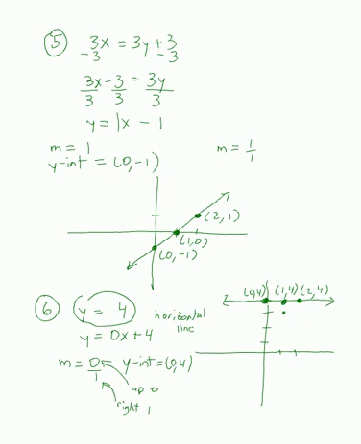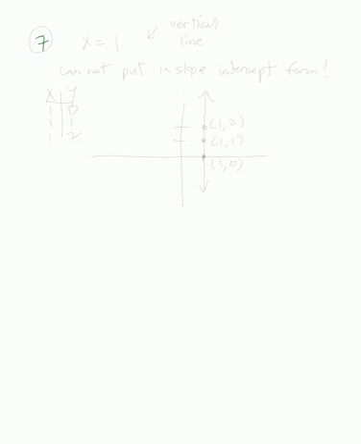Last case, actually, I do want to talk about really quickly what happens if you have the y's missing. So let's say x equals 1. This one you cannot put in slope-intercept form. It's the only time that you can't. And the reason is there are no y's. So you can't solve for y if there's no y's. So if ever this happens, just do it the old-fashioned way. Plot your points.